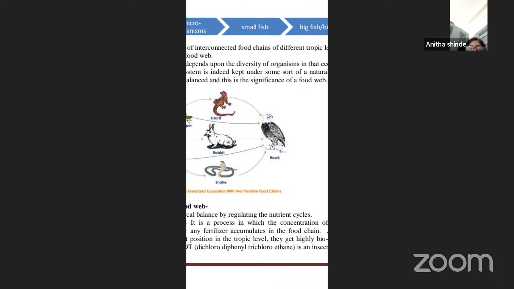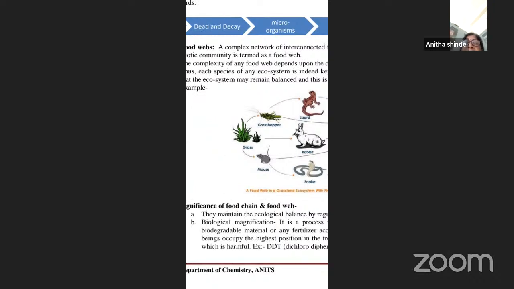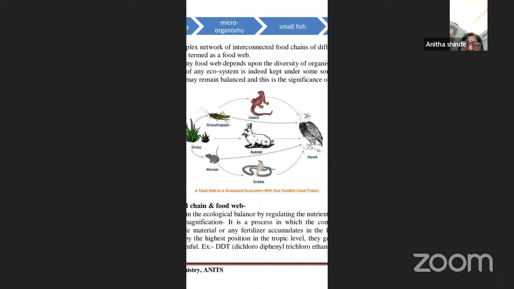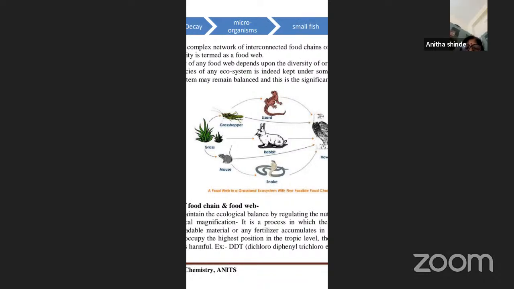So the significance of food chain and food web is, one, they maintain the ecological balance by regulating the nutrient cycles. Second is biological magnification. Biological magnification is a process in which the concentration of biodegradable material or any fertilizer gets accumulated in the food chain.